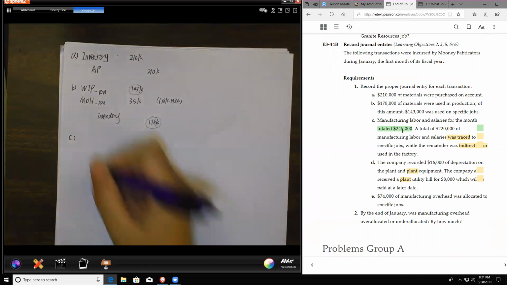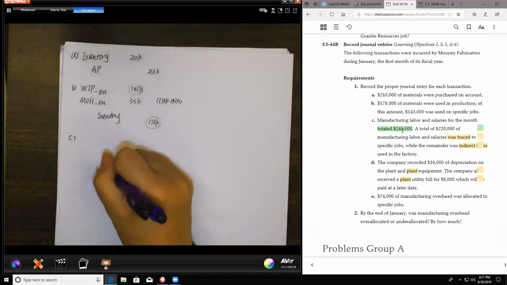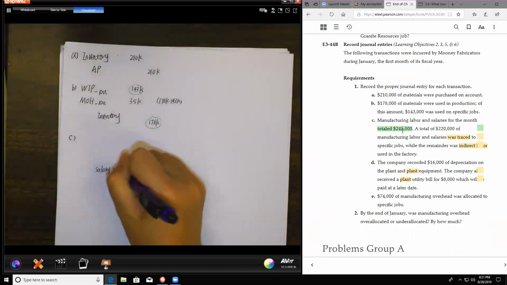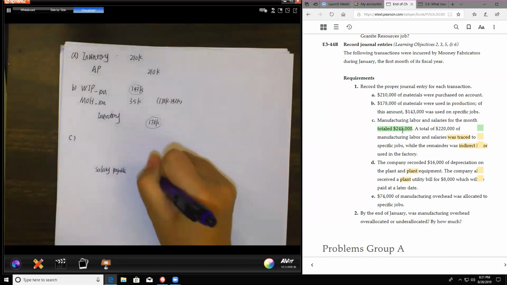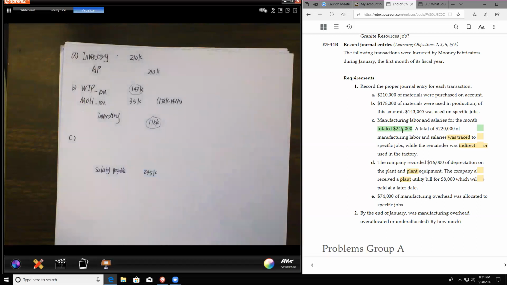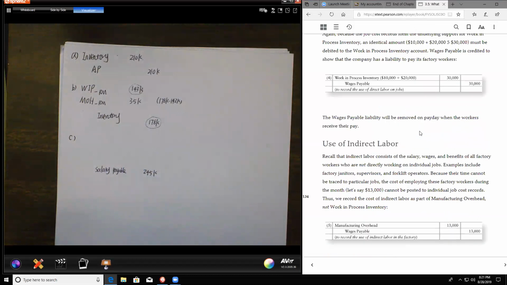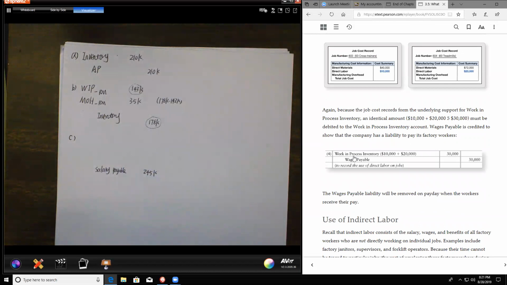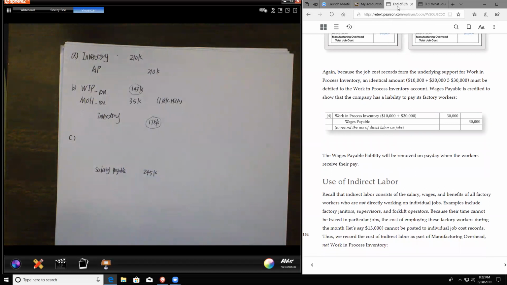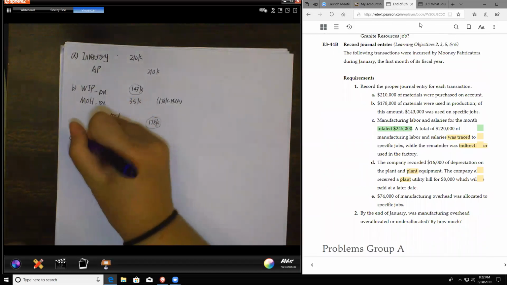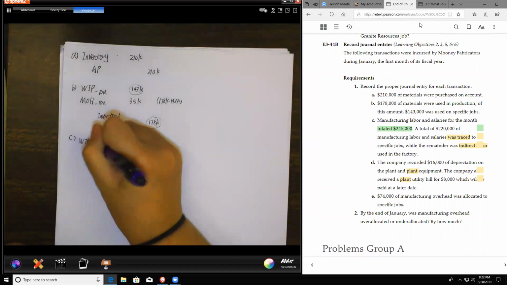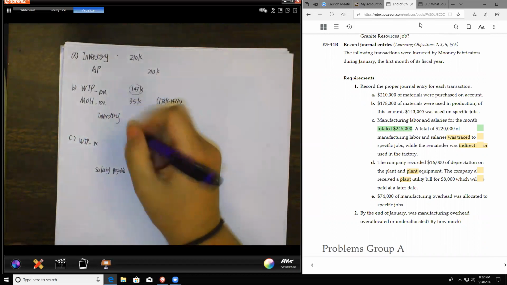So go back to this question, you total spend 245,000. So you have this salary payable, 245,000. And they said 220,000 goes to specific jobs, can be traced, right? So it's the same as your direct labor. So it goes to work in process, which is direct labor, which is 220,000.